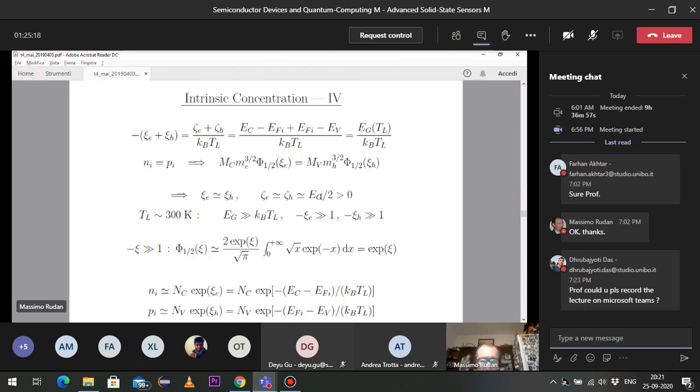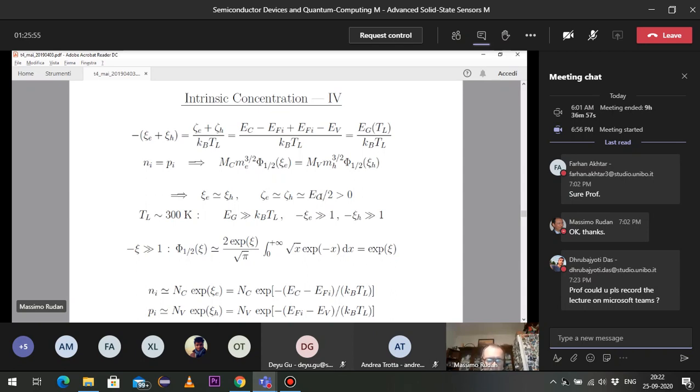In conclusion, this estimate, which applies only to the intrinsic semiconductor, tells you that, at least for silicon or for the semiconductors of interest, the Fermi level is practically, not exactly, but practically at the mid-gap, okay? Is this estimate useful? Yes, it is, because it allows us to simplify the Fermi integrals, okay?